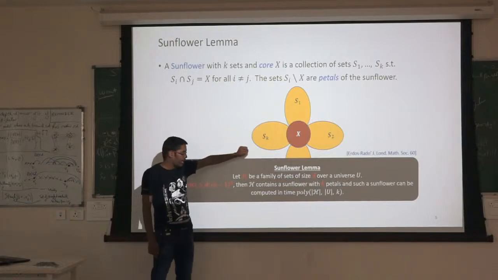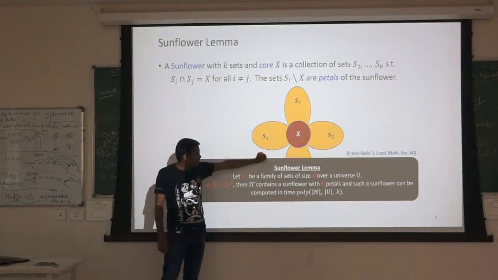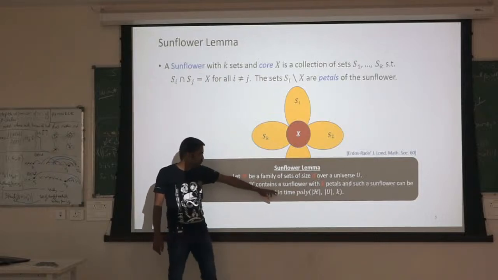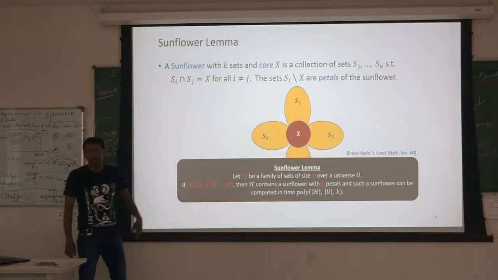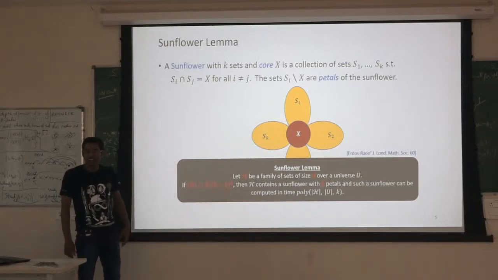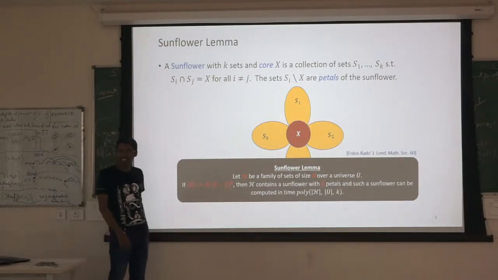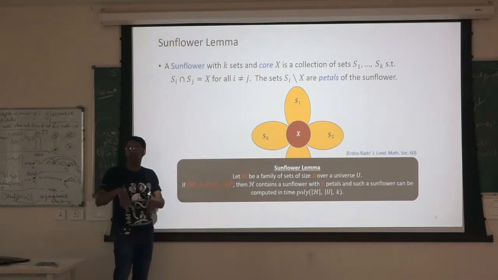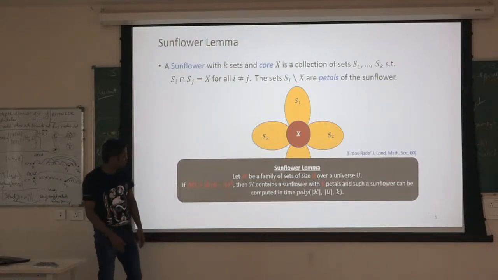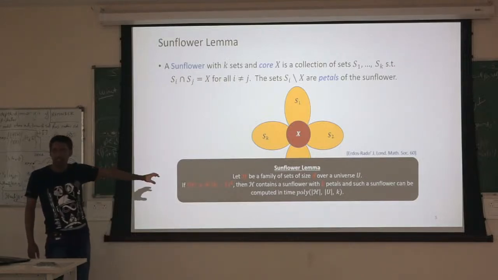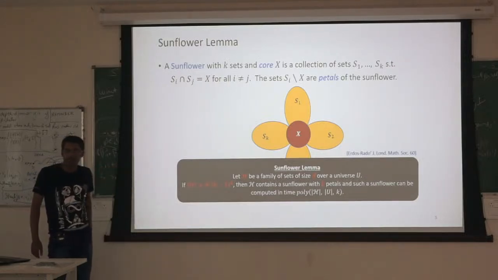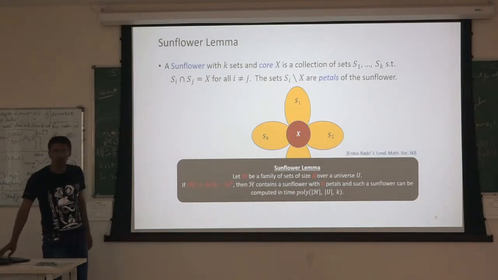More importantly, it can be computed in time polynomial in the size of the family, the universe, and k. Why is it more important? Because we will use it for the kernelization, and recall that we said that is a polynomial time algorithm. So it's a classical result, with lots of applications in kernelization as well as parameterized algorithms. Is this clear?